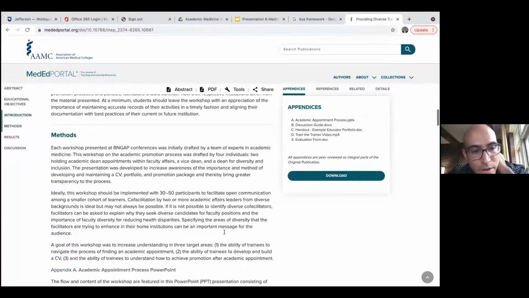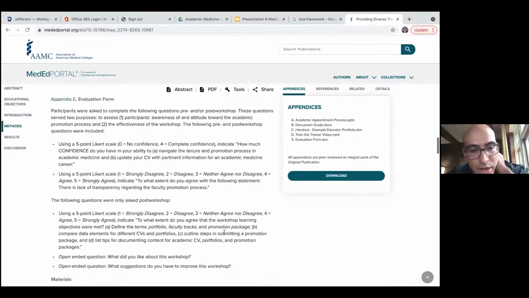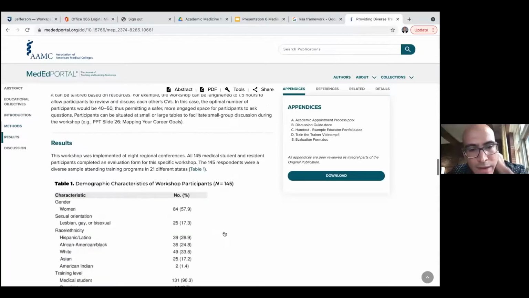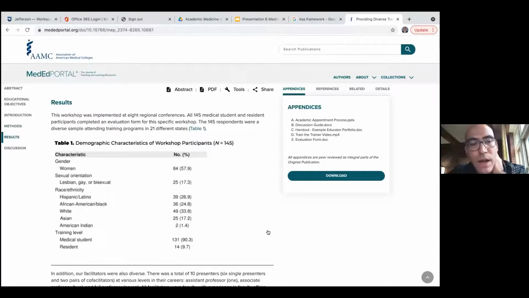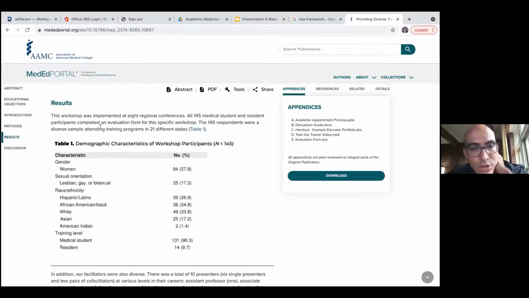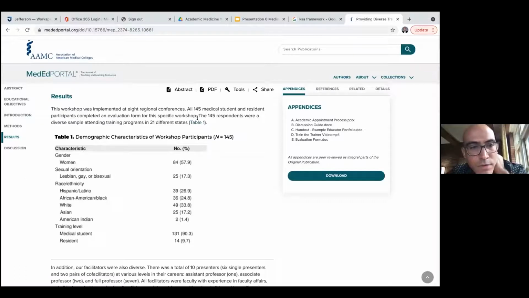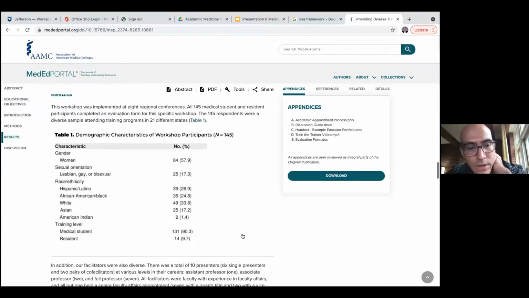So, combing through to the results section and how we evaluated this educational module. As you see here, we had a brief breakdown of the demographics of the audience that was involved, medical students and resident participants, everything from gender to sexual orientation to race to training level.